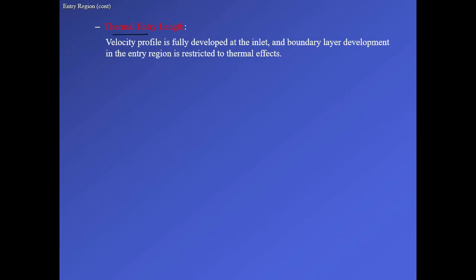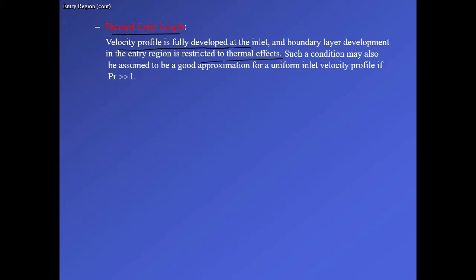In this thermal entry length region, the velocity profile is assumed to be fully developed at the inlet, and only the temperature is developing. The reason we discuss this situation, where we assume that the velocity boundary layer is fully developed, is that we consider it for situations where the Prandtl number is very large.